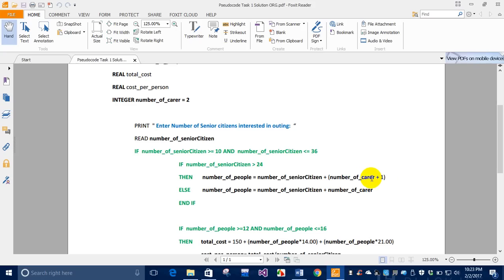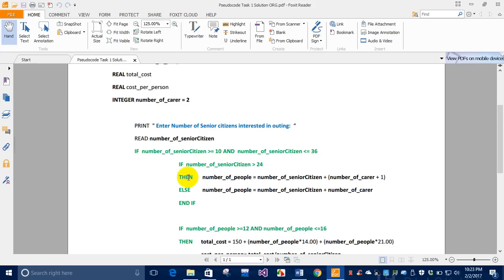By default the number of carrier is 2. I'll increment by 1 in this variable, so the value of the number of carrier would be 3. 2 plus 1 is 3. The number of senior citizen that I am taking as input from the user is added to the number of people. If this condition is true, then this statement will be executed.